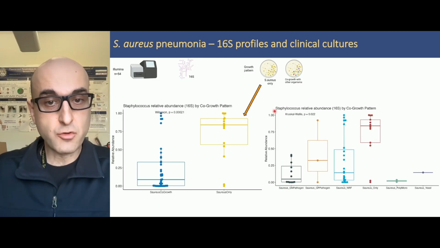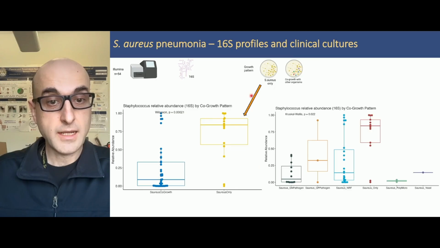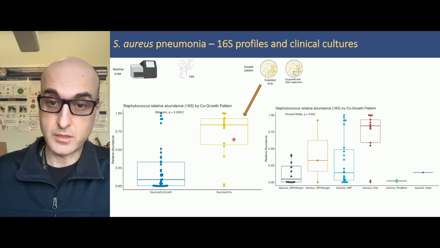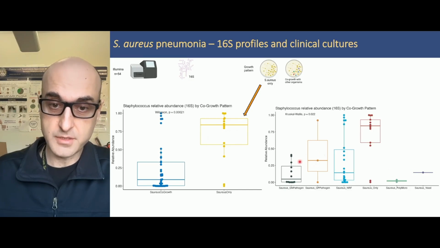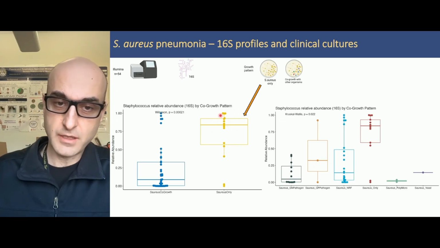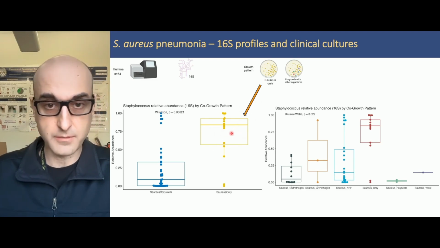However, in terms of the growth patterns, we found that cases that grew Staph aureus only had higher relative abundance of Staphylococcus in corresponding microbial communities. We're not able to find any specific pattern in terms of other co-growing organisms in the relative abundance of Staphylococcus. But this clearly told us that when we see Staph aureus only in a culture, it's very likely that this is dominating the corresponding microbial community.